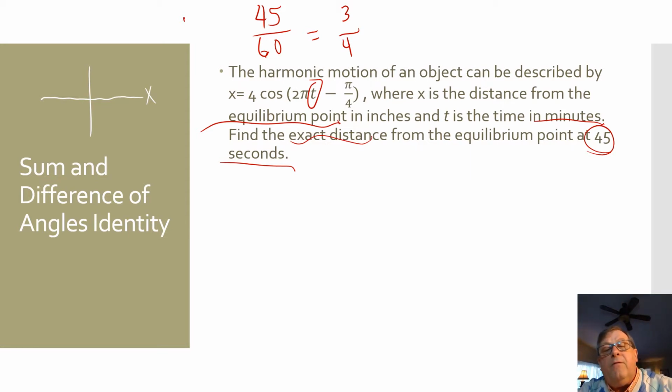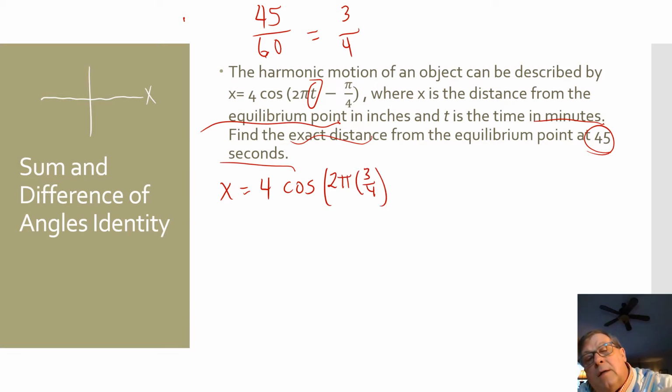Okay, I believe I'm beginning to get somewhere. So we're going to say that x is equal to 4 times the cosine. Let's just fill in what we know and see where we go from there. 2 pi times 3 over 4 minus pi over 4. I'm going to stick with the inside here for a minute.